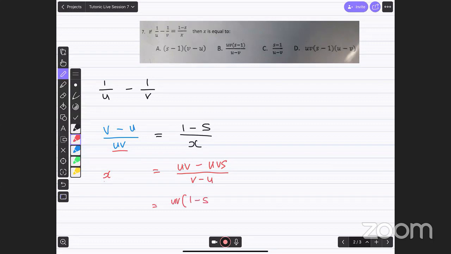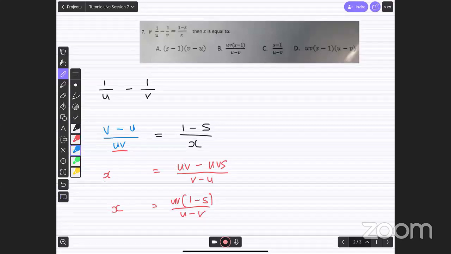No. Oh. Oh no, wait. You can just take the minus sign out, and swap, you have a u minus v at the bottom, and then s minus 1 on top. You are right, but just say it slowly.